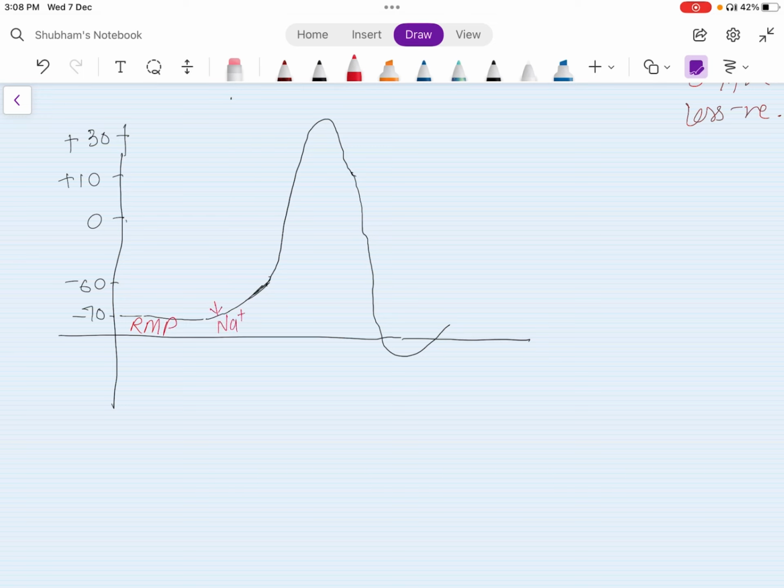Then there is RMP, and the sodium channels started opening, a chain reaction. So that's where firing occurred. Maximum sodium channels open. Sodium closing, potassium opening.